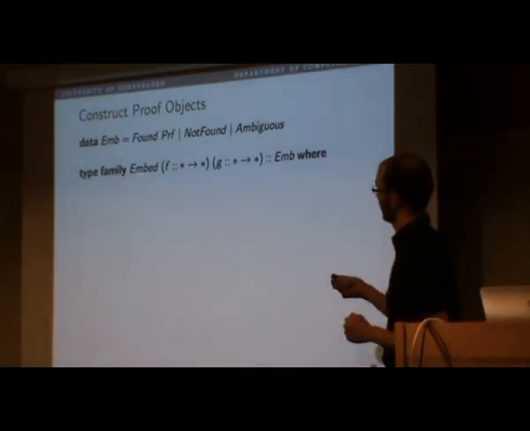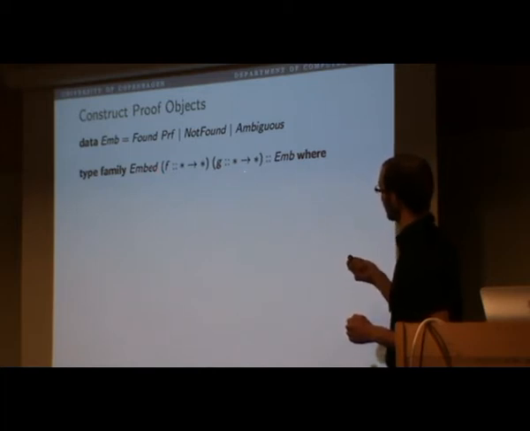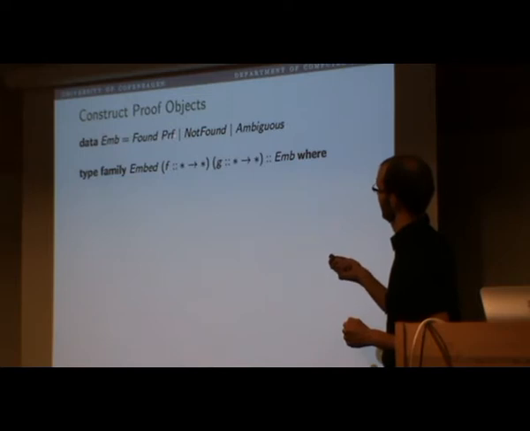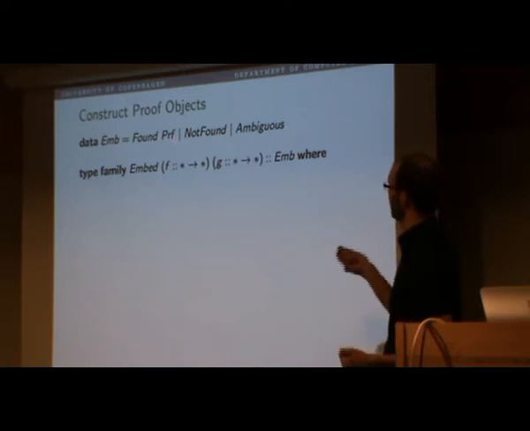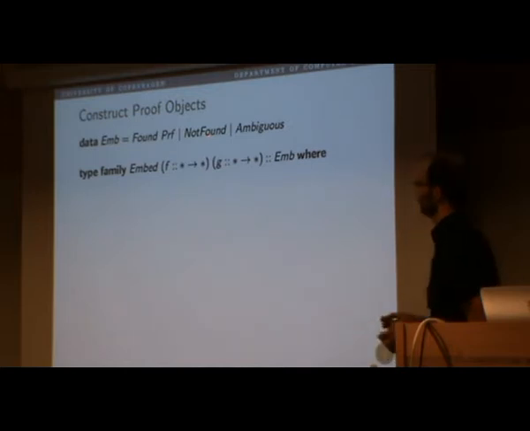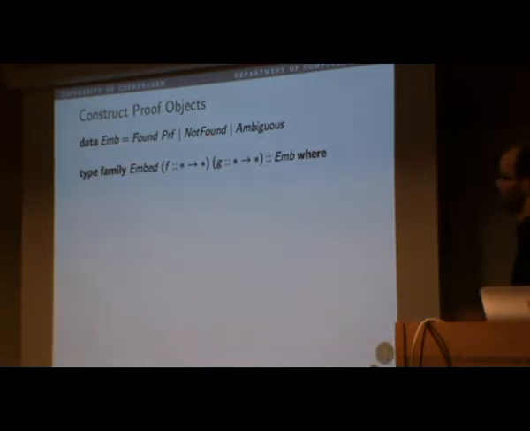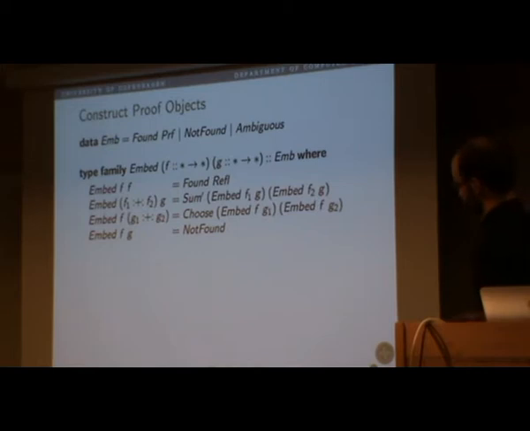So we declare the type family Embed. It takes these two functors, F and G, of this kind, and then it returns this result type, this embedding, which either is a success, a proof object, or some error: either we did not find any embedding, or we don't want to return the embedding we found because it's ambiguous.